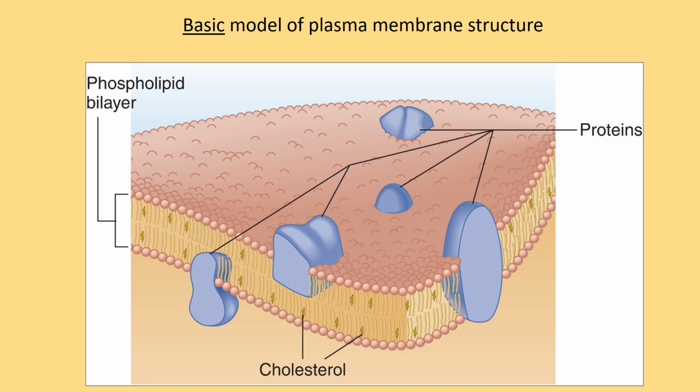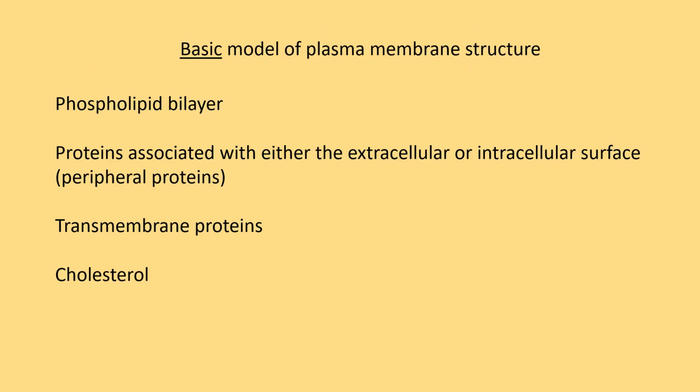So here are the most basic foundational materials of a plasma membrane. There is a double layer of phospholipids, and embedded in that double layer of phospholipids are proteins as well as cholesterol. So there's a phospholipid bilayer, there are proteins that can be associated with just the extracellular side of the membrane or maybe just the intracellular side of the membrane.